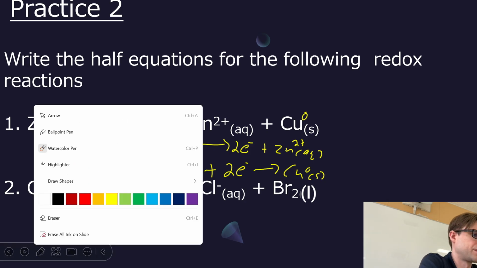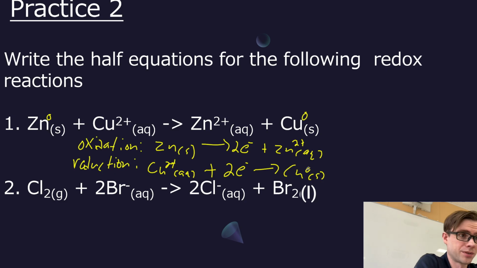In fact, I probably shouldn't because I didn't write it for zinc. All right, so that's our oxidation and reduction half equations. And you can see that if I added these two together, I would get exactly the equation I have at the top for number 1: zinc plus copper 2+ goes to zinc 2+ and copper 0. 2 electrons on the left, 2 electrons on the right, cancel out. So that's done.